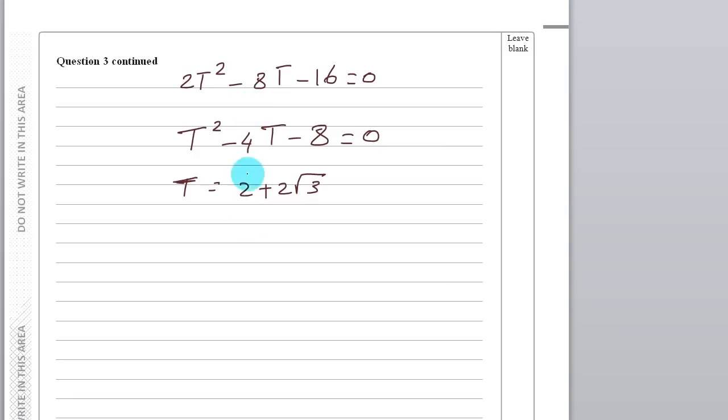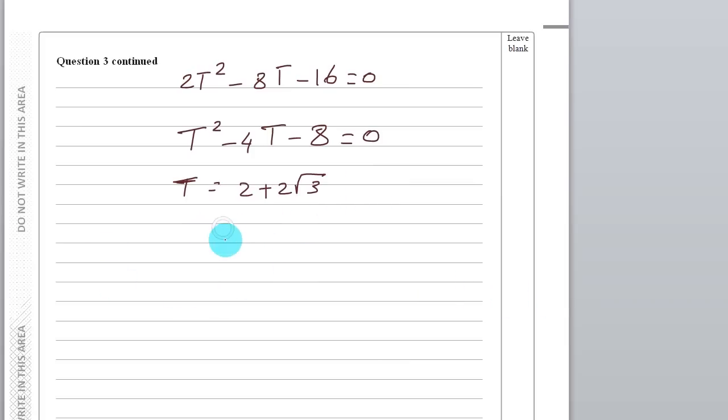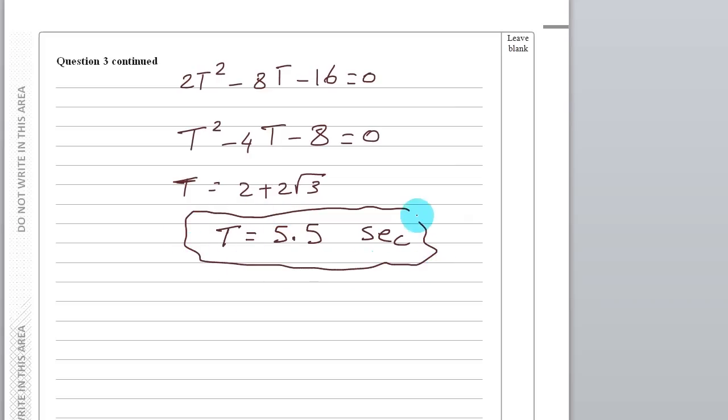So the value of t for 1 decimal place, 2 plus 2 square root of 3, the time will equal 5.5 seconds. And this is the answer you need.